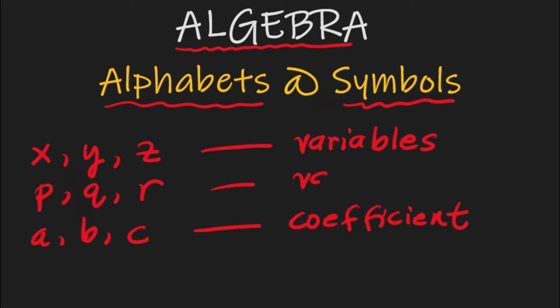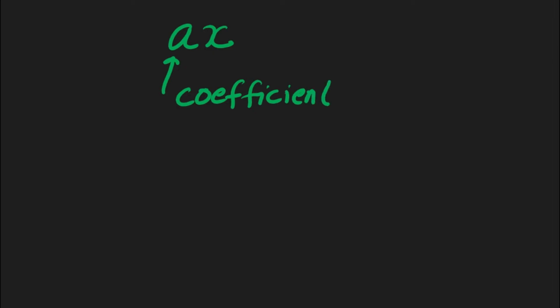In general, an algebraic term can be written like this: A multiplied by X, where the symbol A is the coefficient, and the symbol X is the variable.